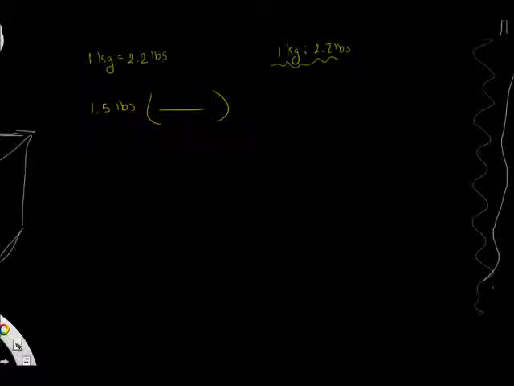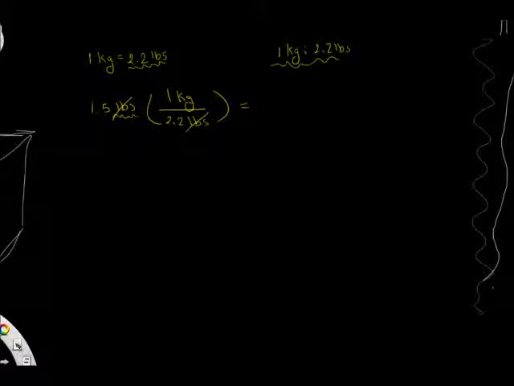The unit that you start off with, in this case pounds, goes to the denominator because you want the units to cancel. So in this case, 2.2 pounds will go in the denominator and our 1 kilogram will go in the numerator. This allows our units to cancel out, leaving us with kilograms.